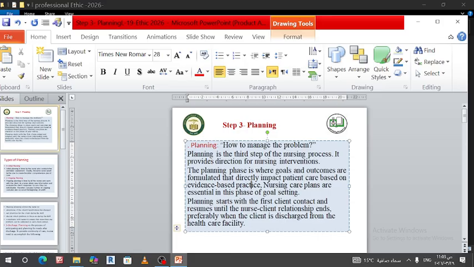Planning starts with the first client contact with the nurse and ends properly when the client is discharged from the healthcare facility. Planning starts when the patient enters the facility until discharge, and in discharge you also put discharge planning for the patient.